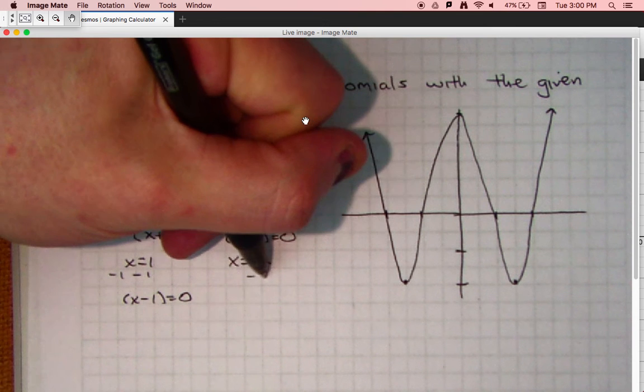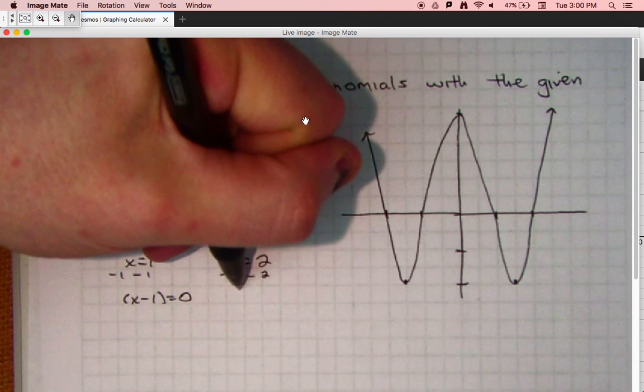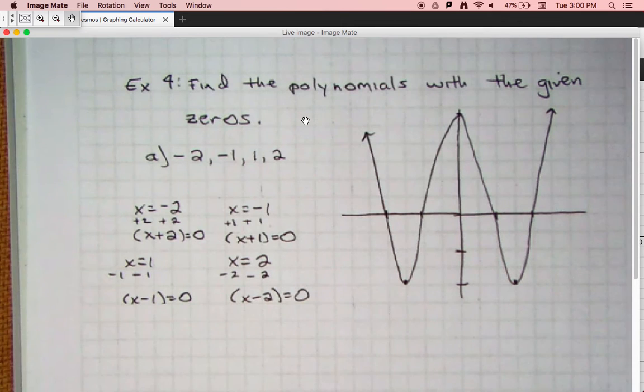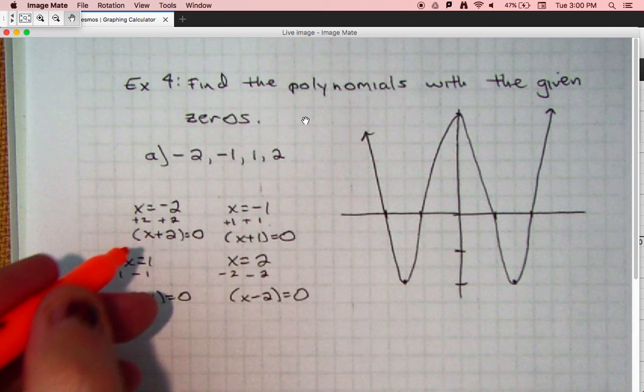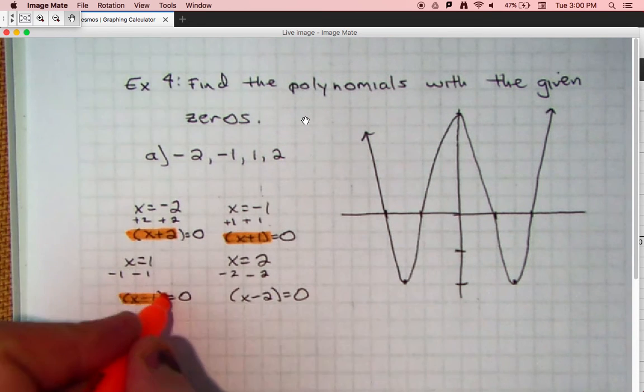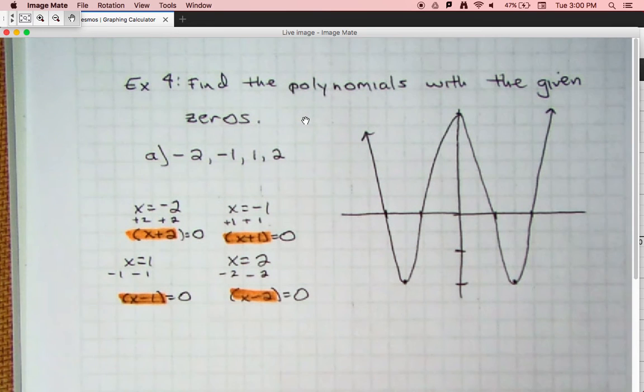Same thing, take 2 away, and I get x minus 2 equals 0. Now, each of those four things that I just computed, my x plus 2, my x plus 1, my x minus 1, and my x minus 2, those are my factors, just like if I had factored this problem.